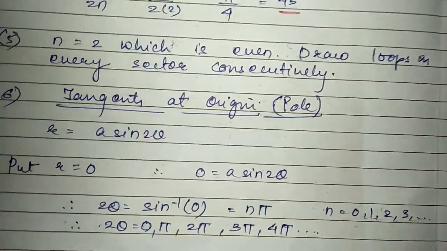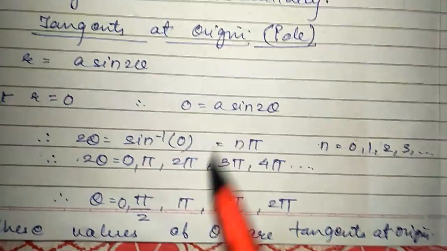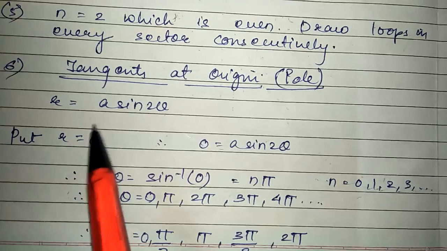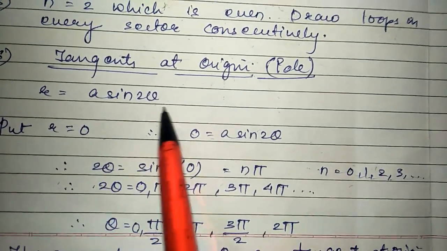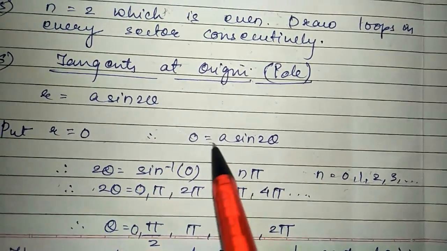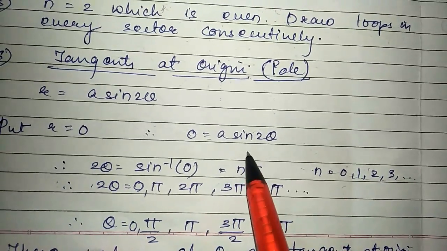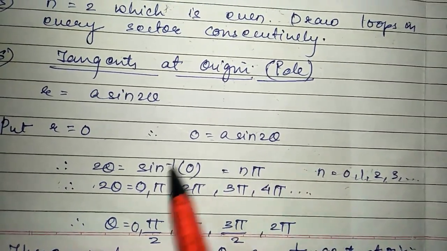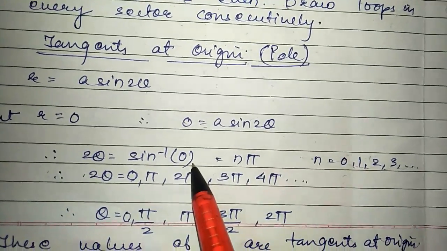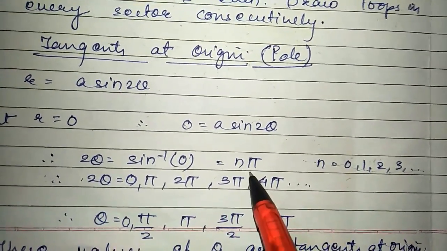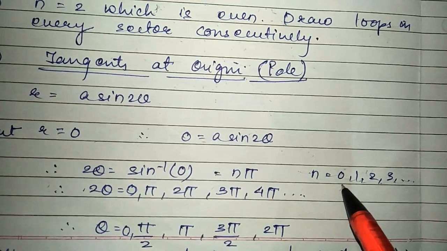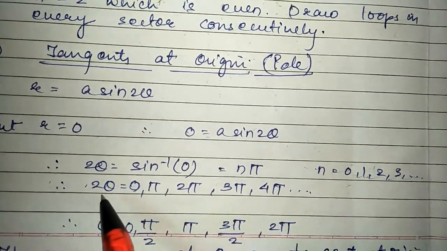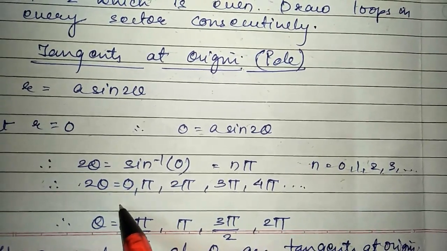Now tangents at the pole. We have r = a sin 2θ. We'll put r = 0 in this equation. So we have 0 = a sin 2θ, or 2θ is sin⁻¹(0), which is equal to nπ, where n is 0, 1, 2 and so on. So what will be the value of 2θ?